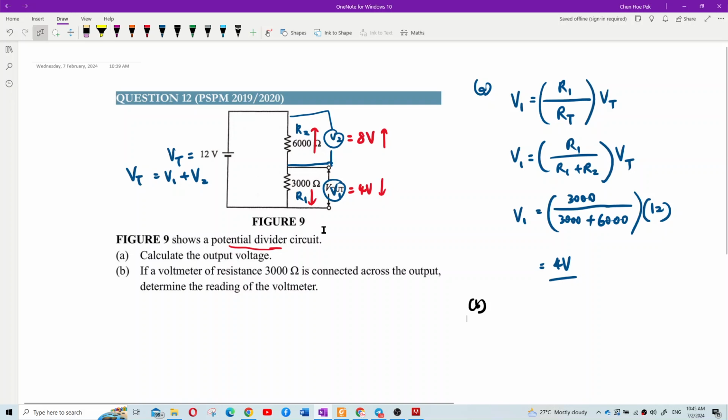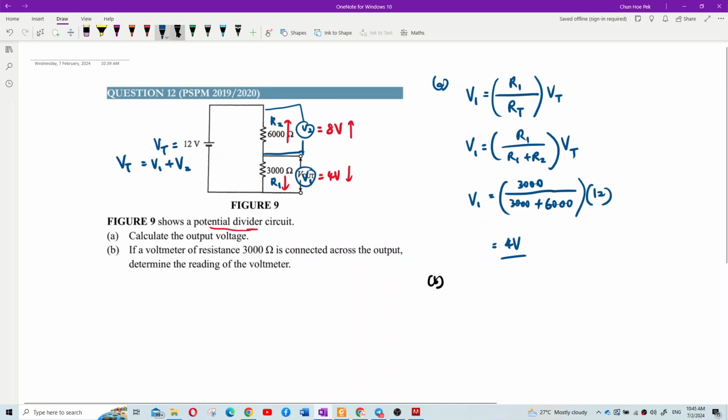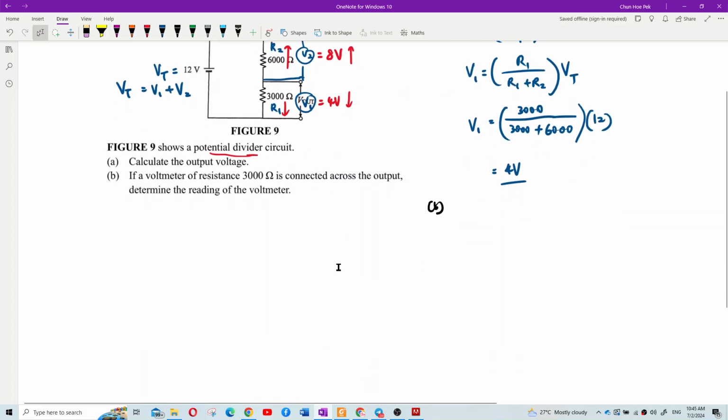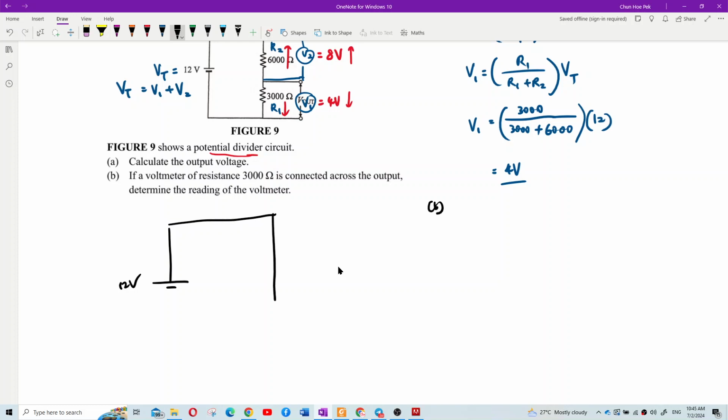What does it mean? It means I draw the circuit again. This is the battery, 12 volt battery. Here is a 3000 ohm, here is 6000 ohm.